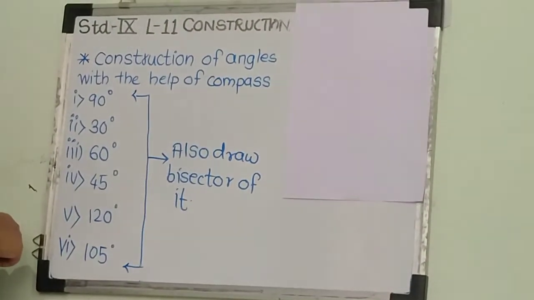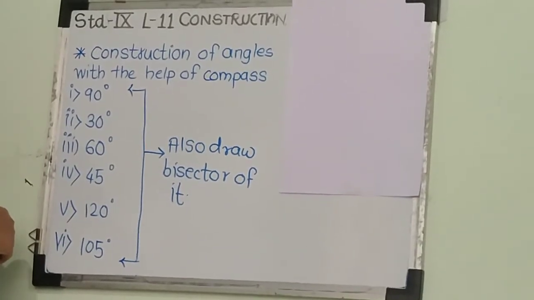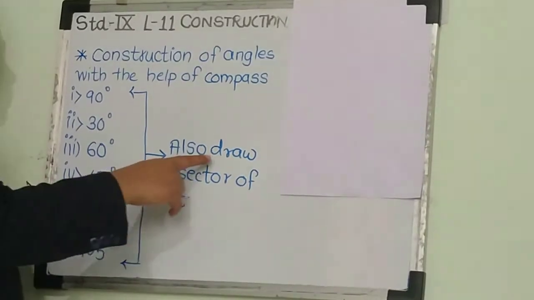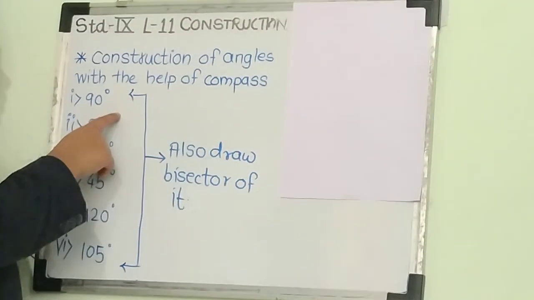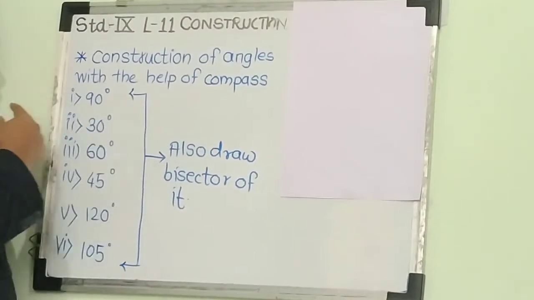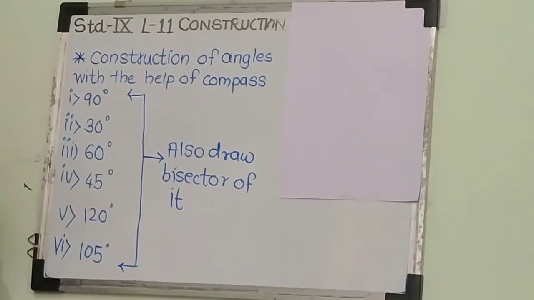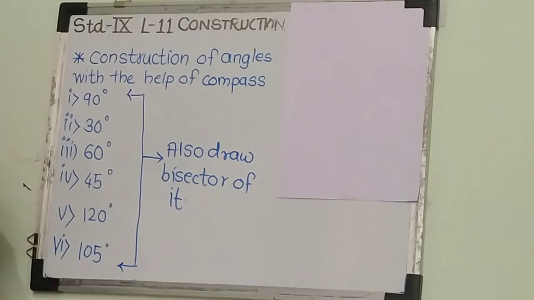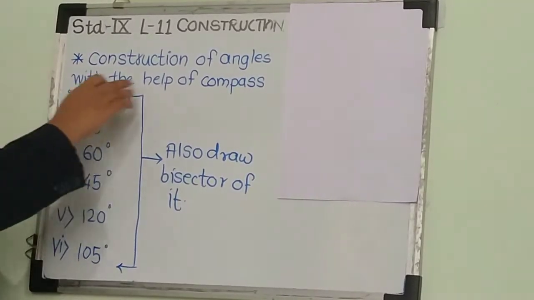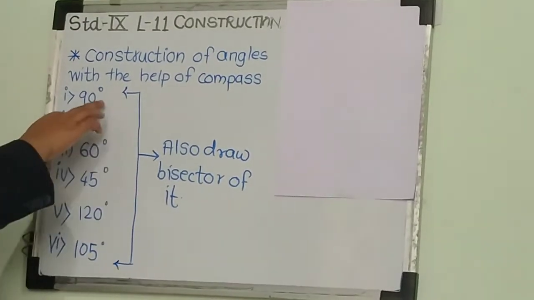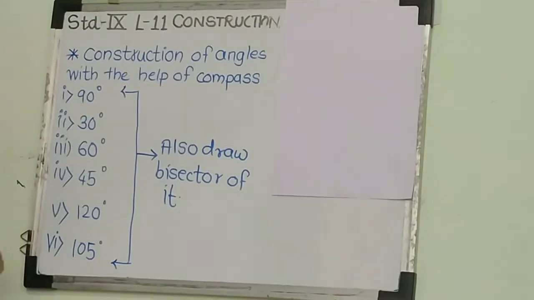So how are we going to draw the given angles, and also draw the bisector of a given angle? First I am going to tell you how to draw the angles with a compass. First we will go for the 90 degree.